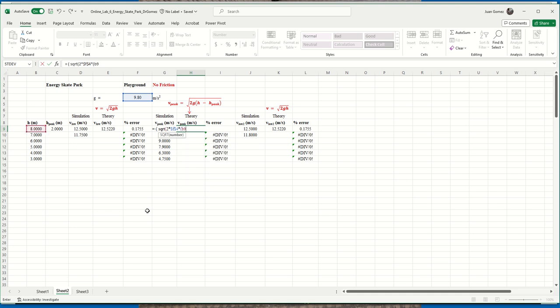That's my H, minus. Now H peak is the 2, and it's in cell C9, and that never changes. So it's going to be minus $C$9, close parentheses, another parentheses, and one more, and that should do it. And then hit check. There we go.